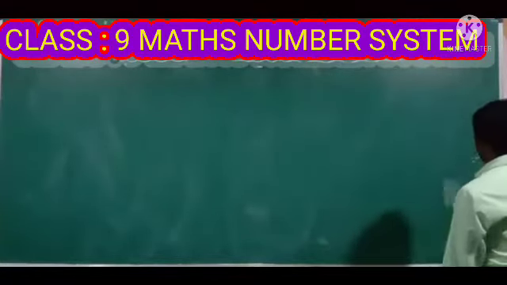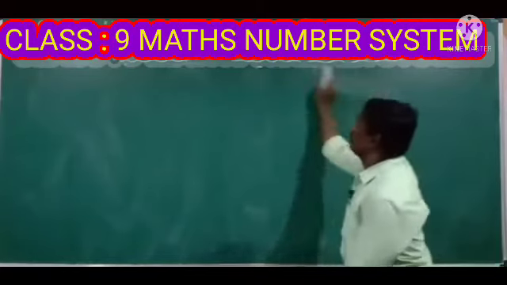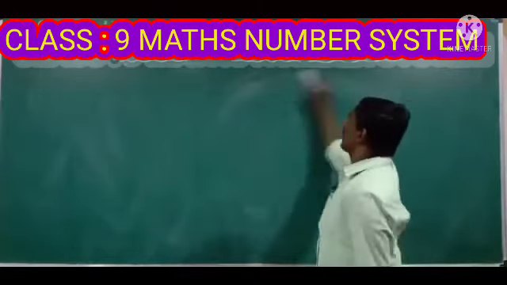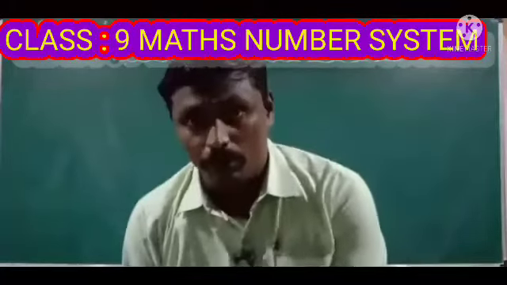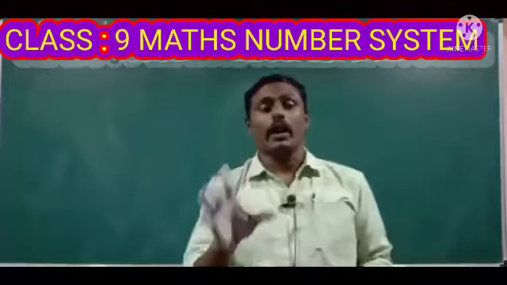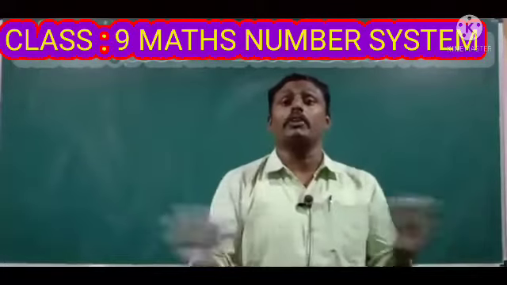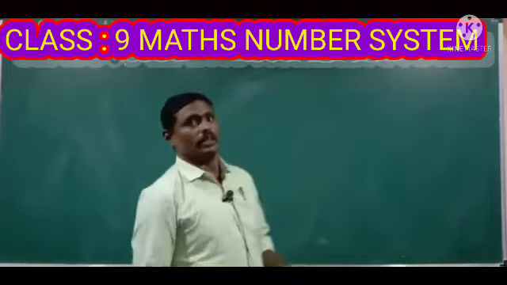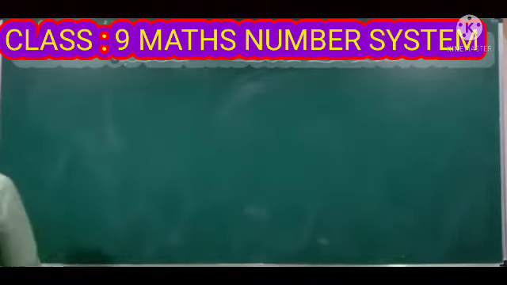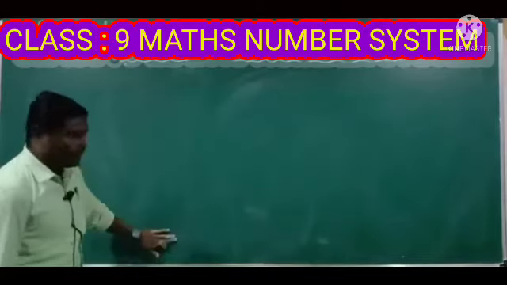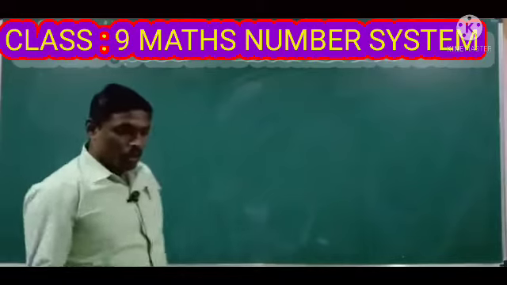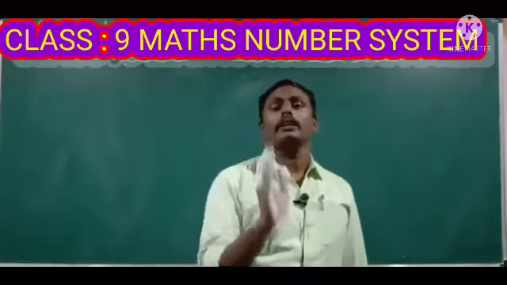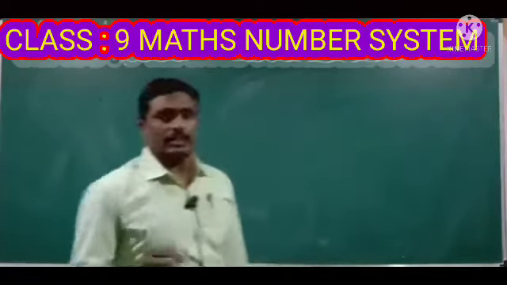By using that method also you can find the rational numbers existing between two rational numbers. Already told you, you can write infinite rational numbers between any two given numbers. For example, here I am taking three examples and showing how you can write infinite rational numbers.